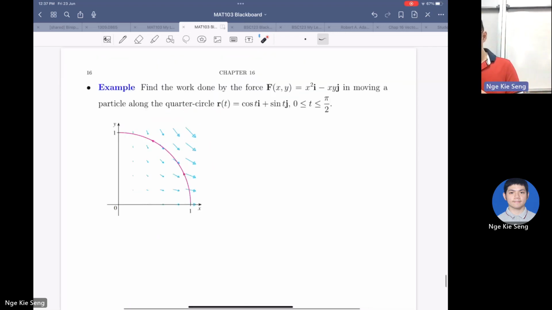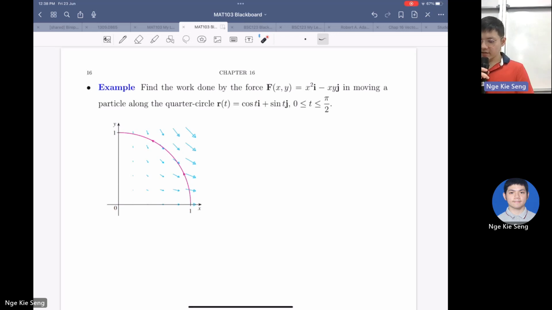Let's look at an example. Find the work done by the force. This is a vector field. Why is it a vector field? This is a vector field on what space? R2, because this is a function from R2 to R2. So it's a vector field on R2. A moving particle goes along the outer circle.